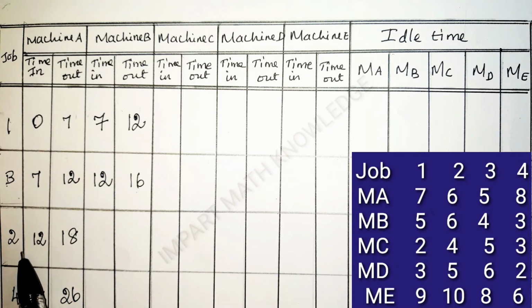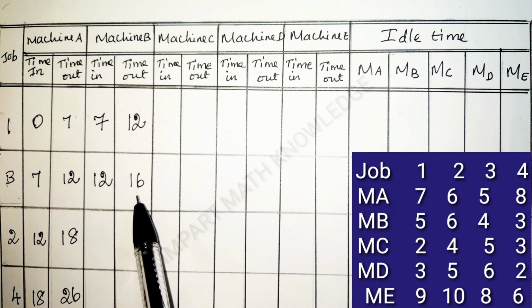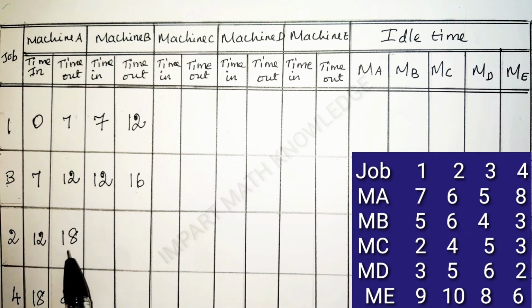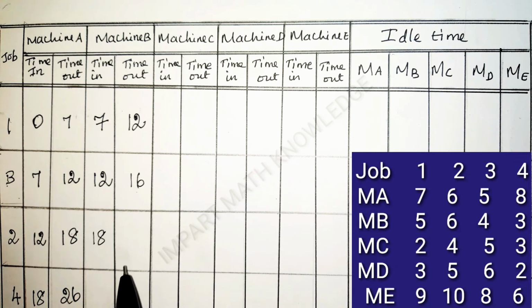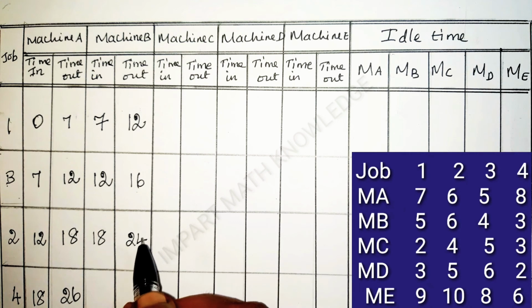For job 2, time in 16 is not possible because first machine completes the work at 18 hours. So time in for job 2 on machine B is 18. The processing time for job 2 on machine B is 6. So 18 plus 6 is equal to 24.